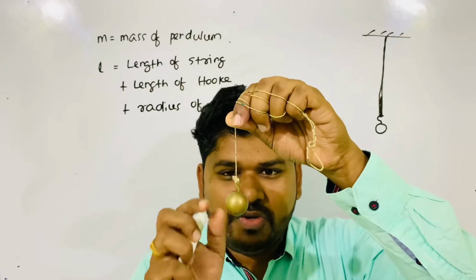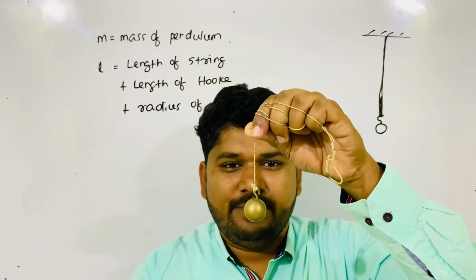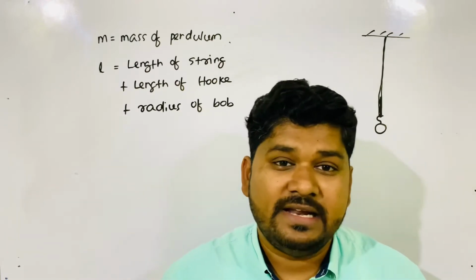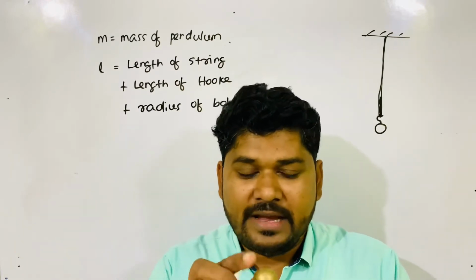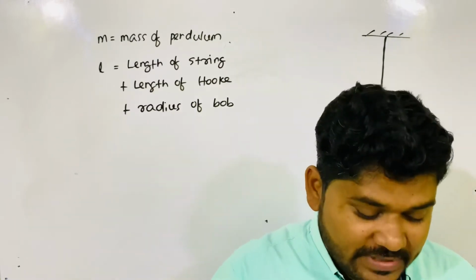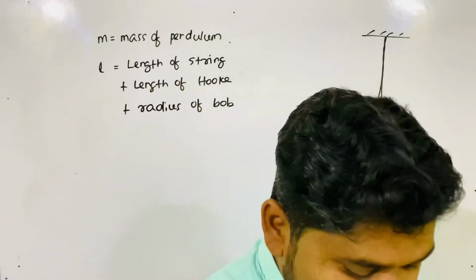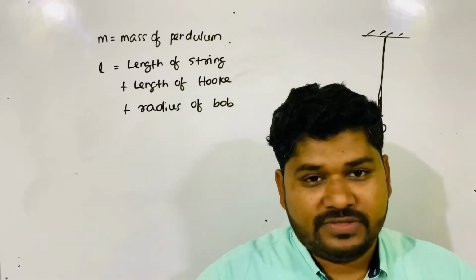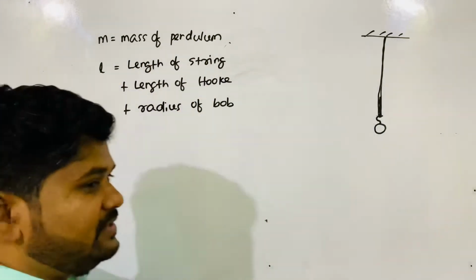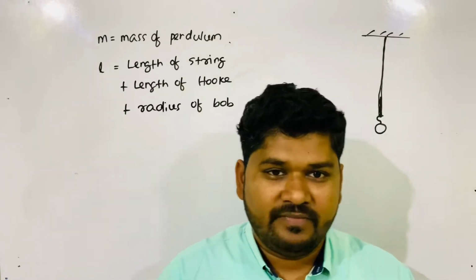Then the bob: its diameter you measure with the help of slide calipers, then make it half so that you get its radius. So the total of all this is the length of the pendulum you will consider.